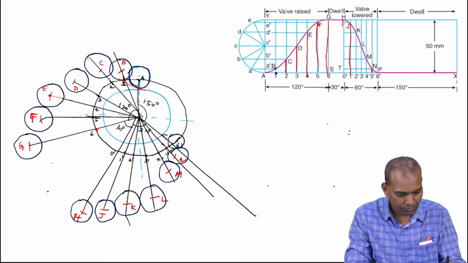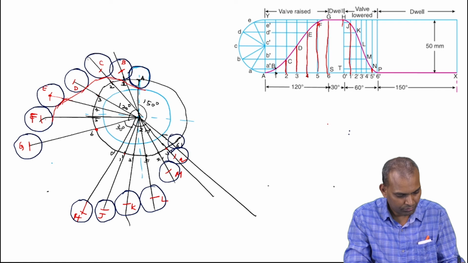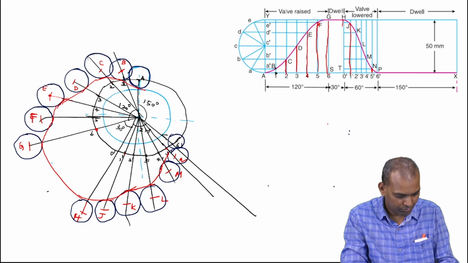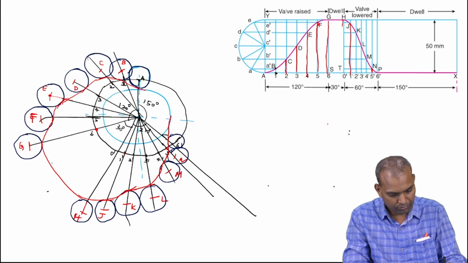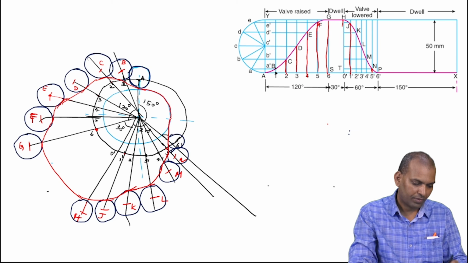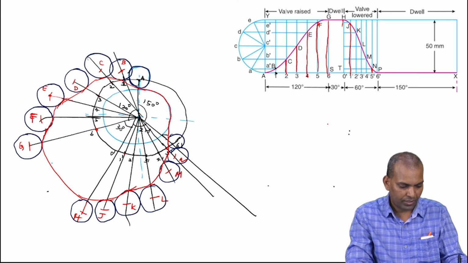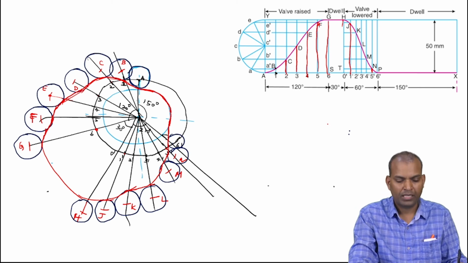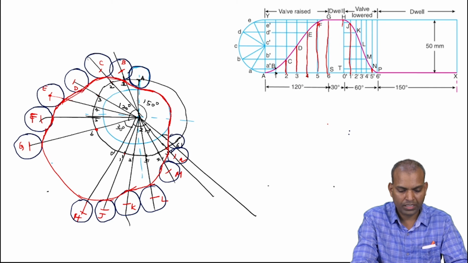Now this is the cam profile, when the follower is the roller follower and the axis of the roller follower is passing through the axis of the camshaft.